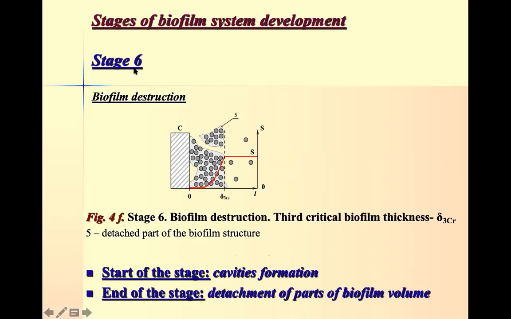And stage 6, you can see biofilm destruction has taken place. Third critical biofilm thickness is also formed, but some part of the biofilm is destroyed, that means separated from the carrier. Here big cavities are formed, few swimming cells are there. So detachment of parts of biofilm from the original carrier has taken place.